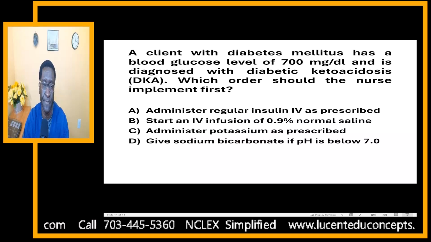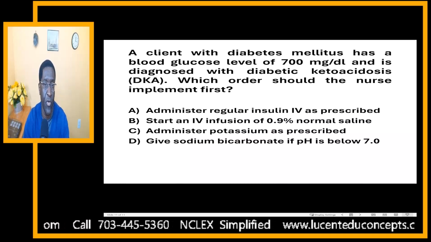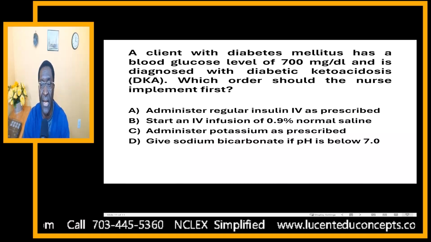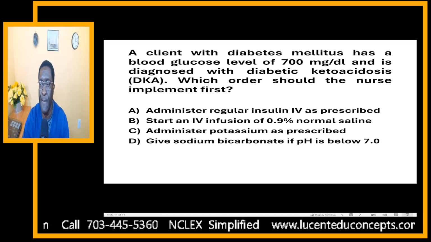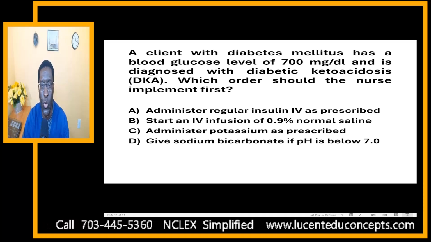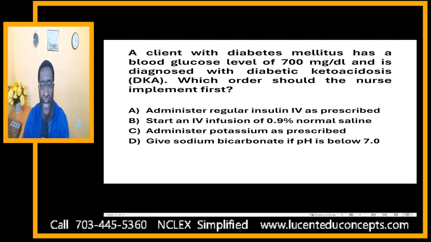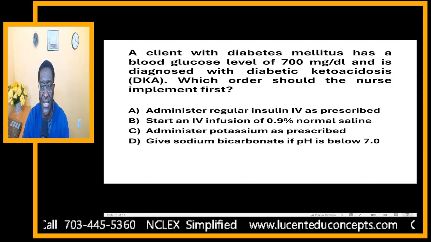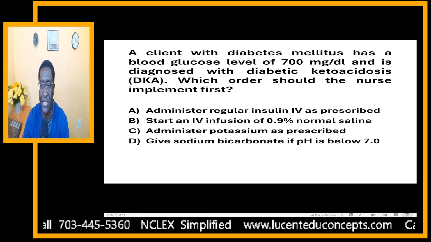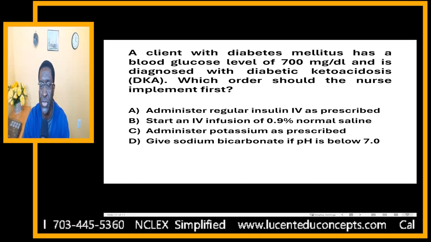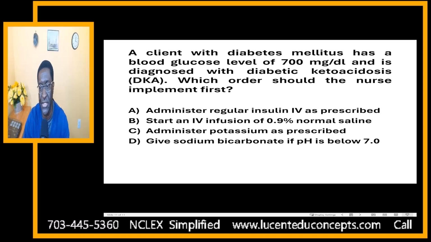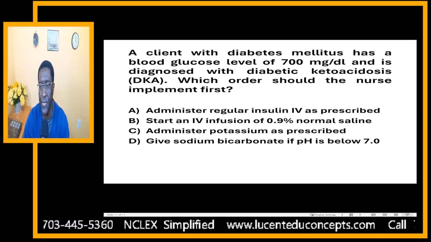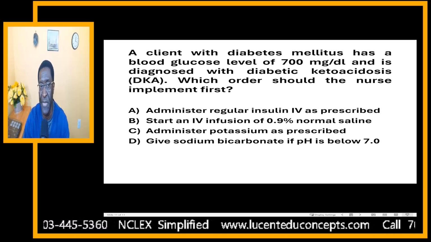So, come here with me. This is your question. A client with diabetes has a blood glucose level of 700 milligrams per deciliter and is diagnosed with diabetic ketoacidosis. Which order should the nurse implement first? Priority. Which order should you implement first?